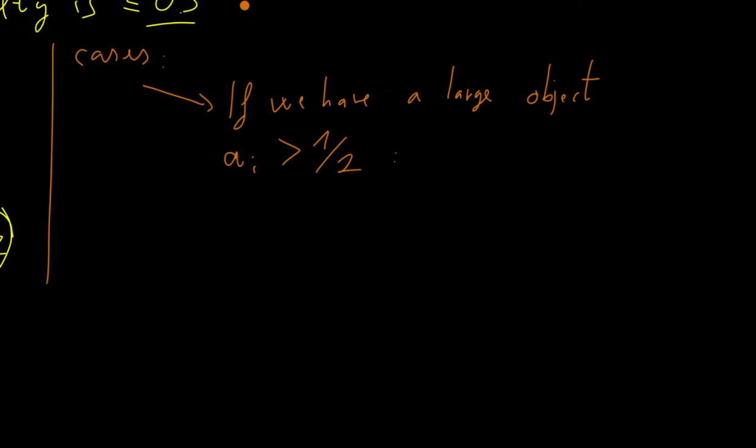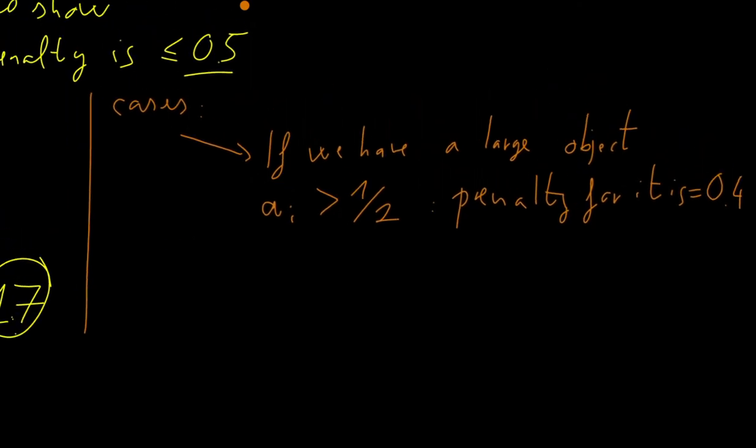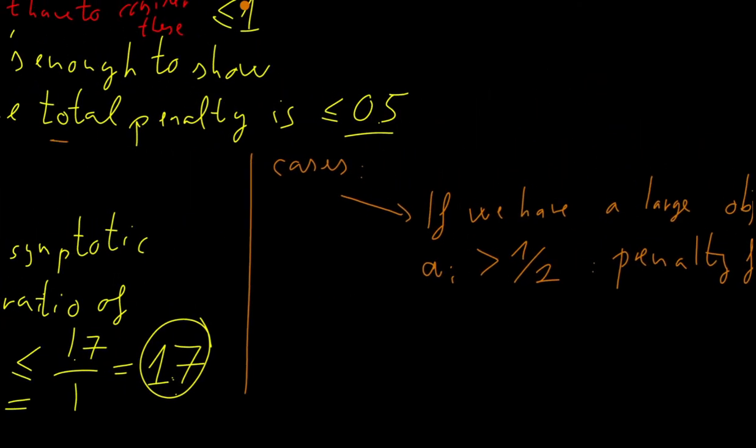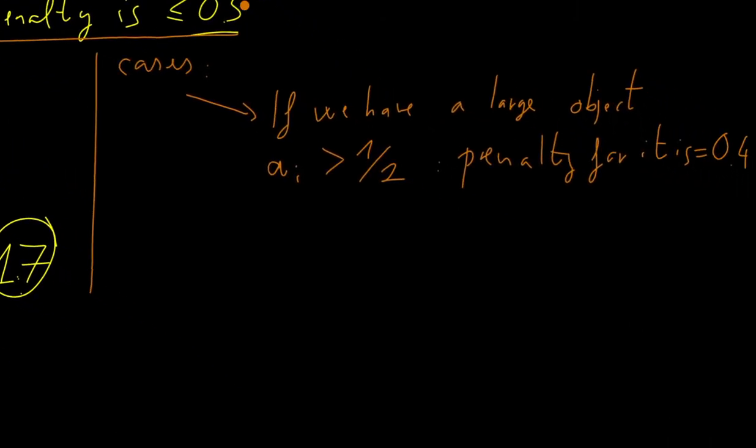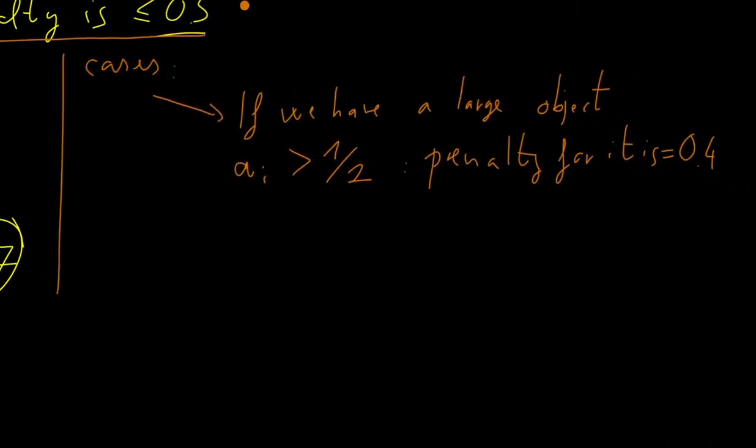The penalty for this guy is exactly 0.4. And since we want to show that the total penalty is at most 0.5, it means that all the other guys can have only a penalty of 0.1.